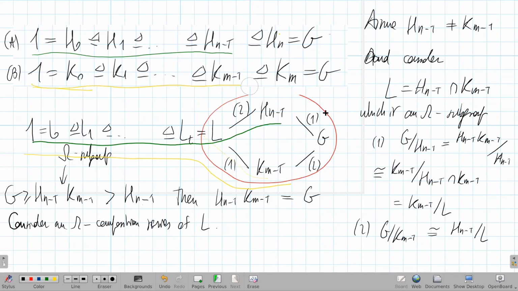So if you combine all this, you'll find that the composition factors of A and of B are the same up to a permutation. Because they are the same as this series plus this, and these are the same as this series plus this, and here you have just this exchange.